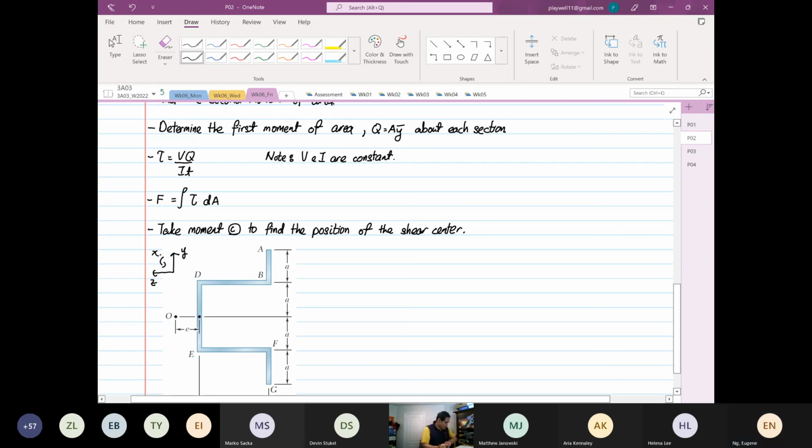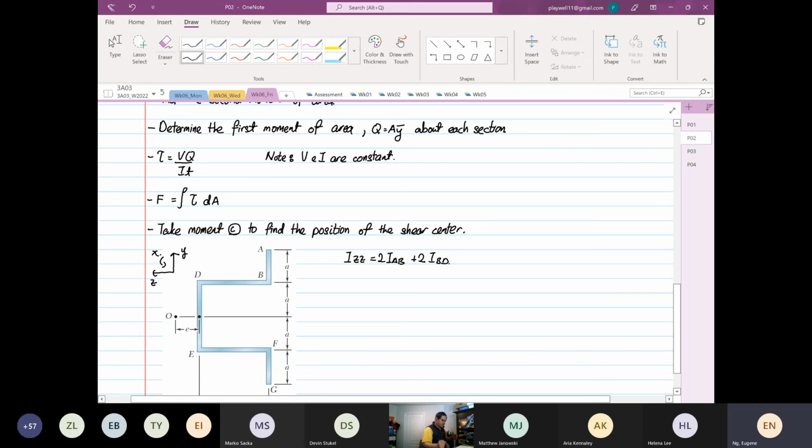So we know that IZZ is going to be twice IAB. Why twice IAB? Because AB and FG have the same geometry and are in the same orientation. Plus twice IBD, right?